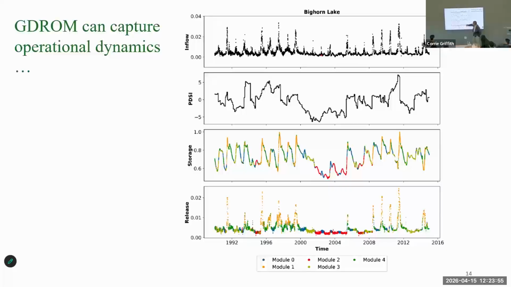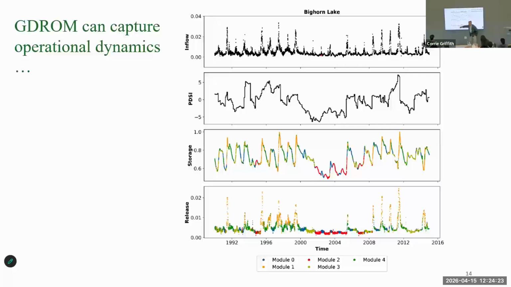By these different colors, we know which module was used to determine the storage and the release. You can see that around this time period, maybe starting from 2000 and ending about 2008, this module 2 is in red.